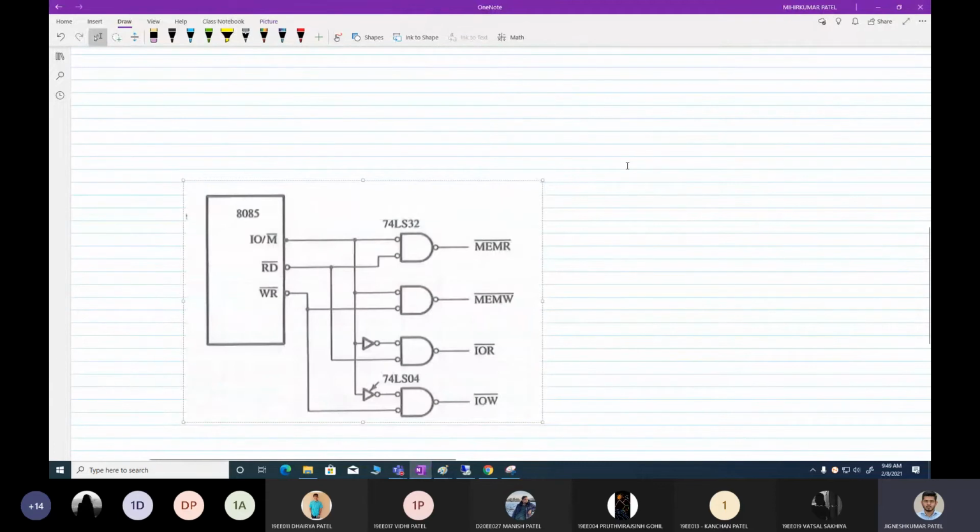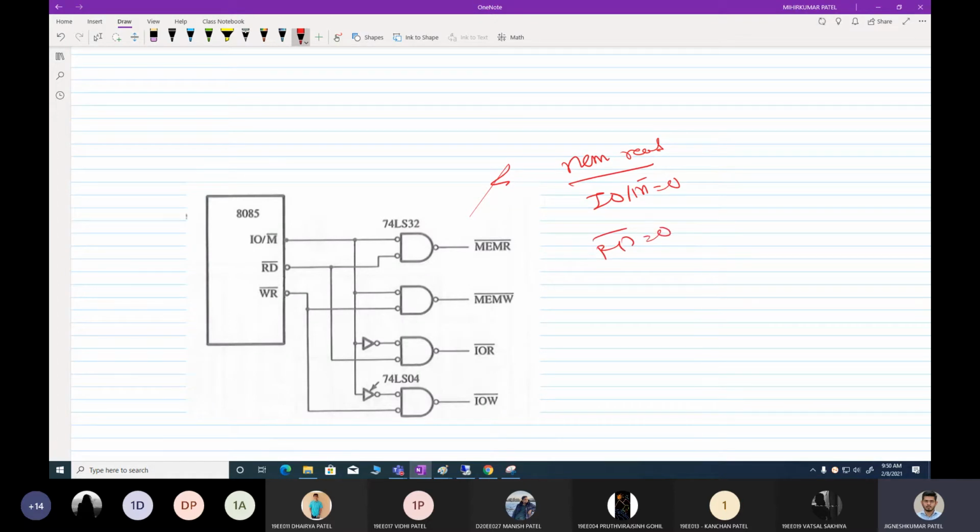Here, let us say the memory read operation is there. So if memory read operation is there, that means IOM bar would be 0, RD bar would be 0, and WR bar would be 1. Okay, so I am writing it over here: 0, 0, and 1.